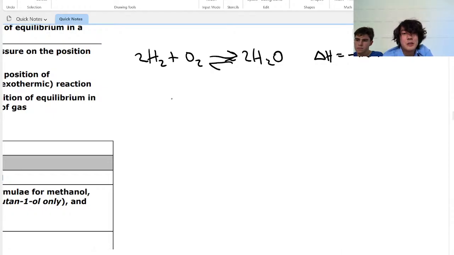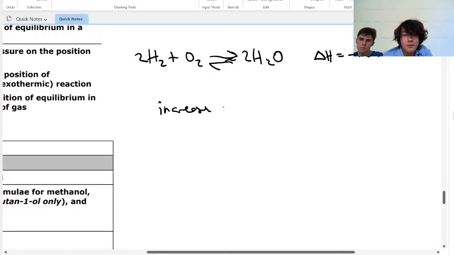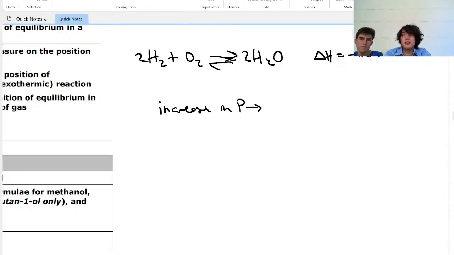So if they ask you about an increase in pressure, it's probably the most difficult one. What would that cause? That will cause it to go right.